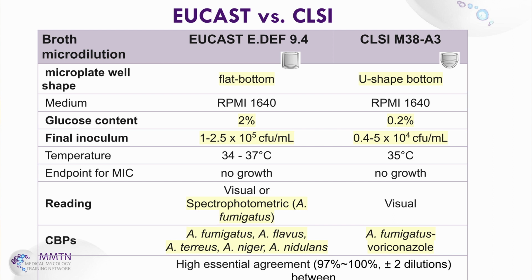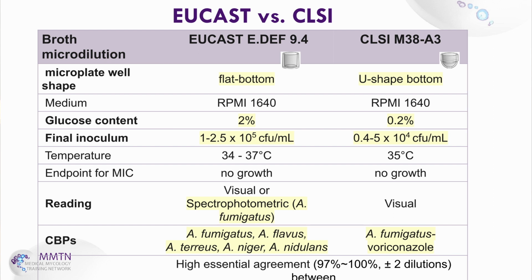For the broth medium, EUCAST uses 2% glucose, while CLSI uses 0.2% glucose. And EUCAST uses a bit higher inoculum density than CLSI. For both methods, the endpoint for MIC is no visible fungal growth.